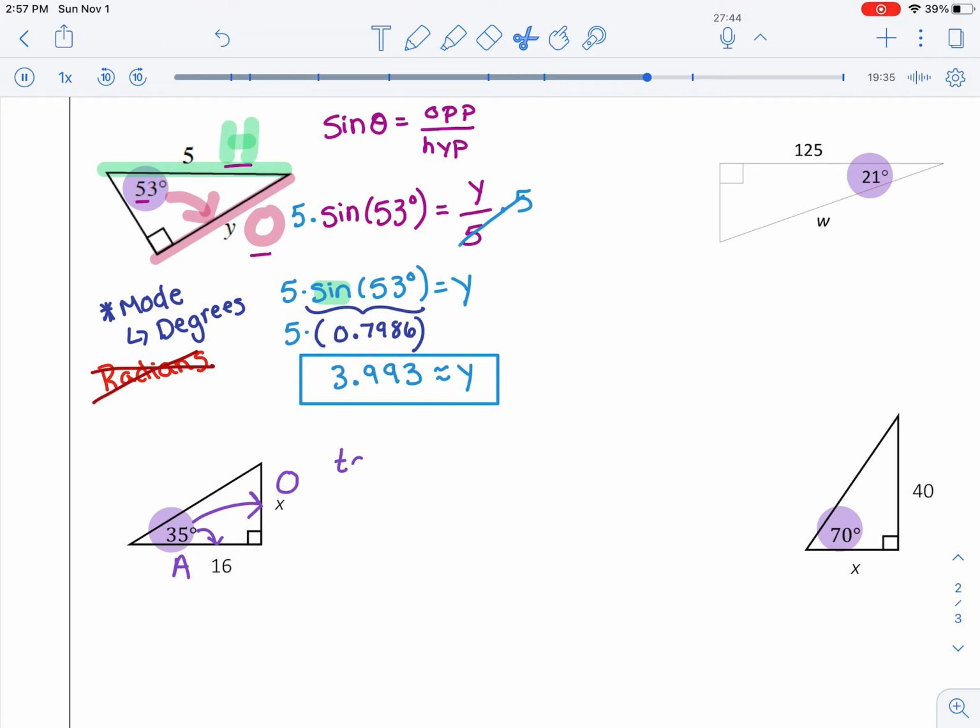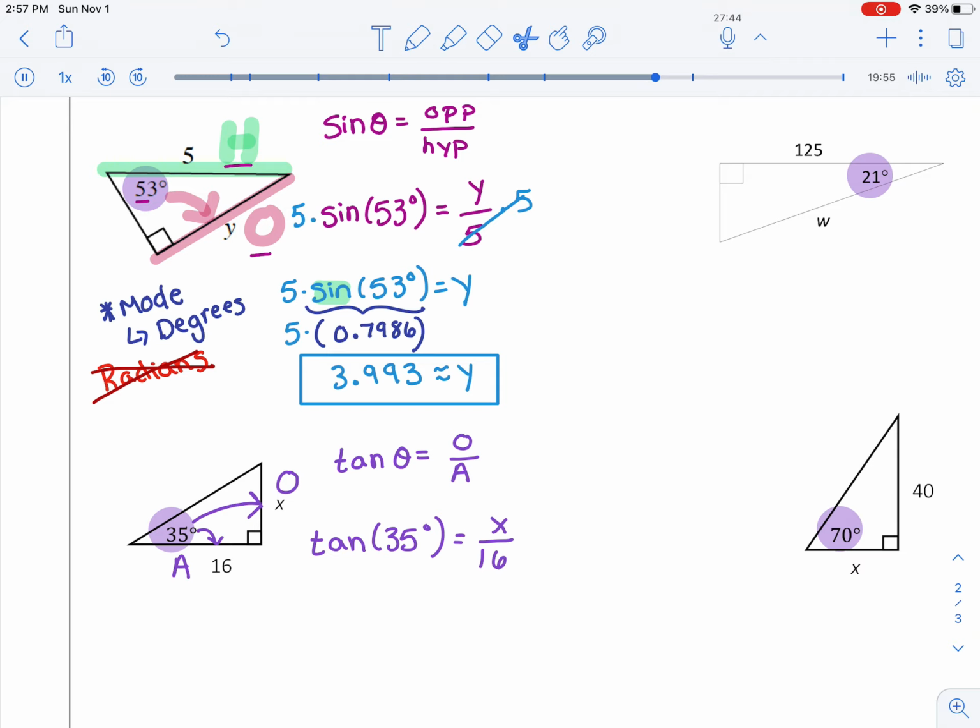So the tangent of an angle equals the opposite side divided by the adjacent side. So the tangent of 35 degrees equals x divided by 16.